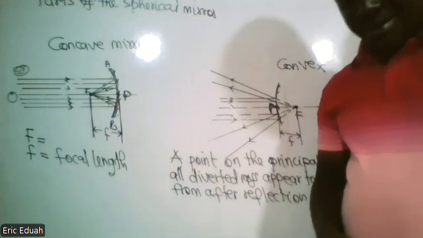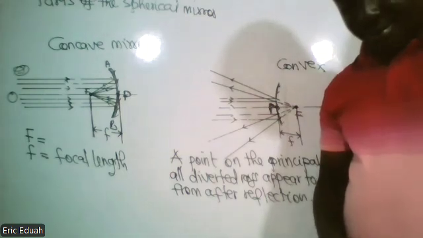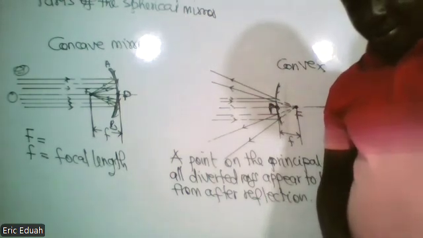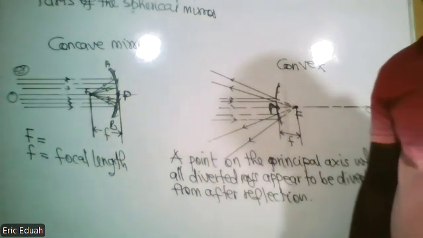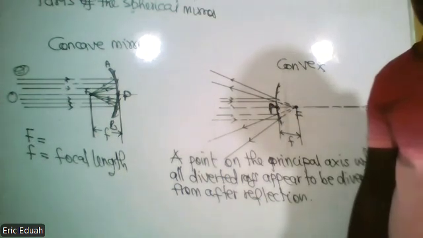Well, it's a point on a spherical mirror where all reflected rays meet. And for the convex mirror, it is where all diverged rays appear to meet.